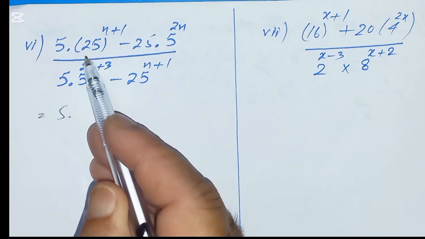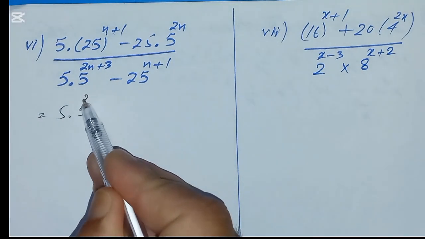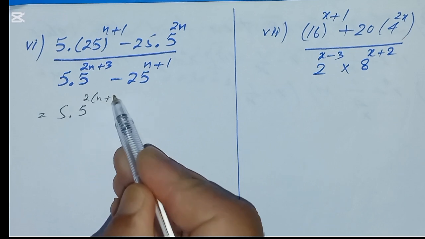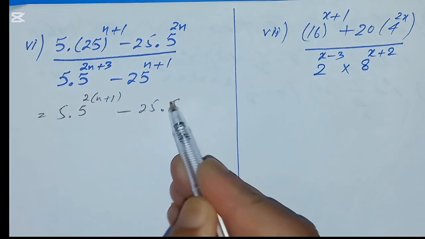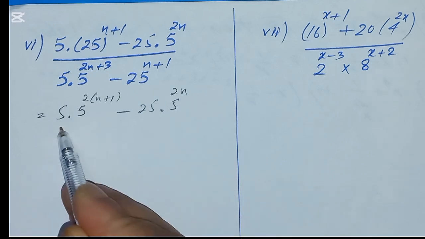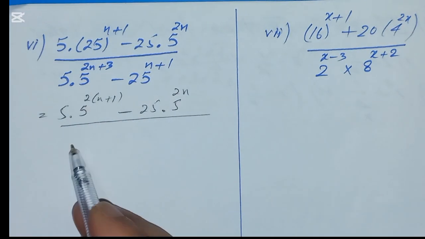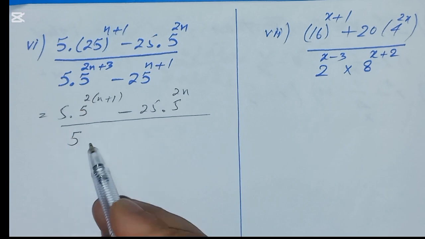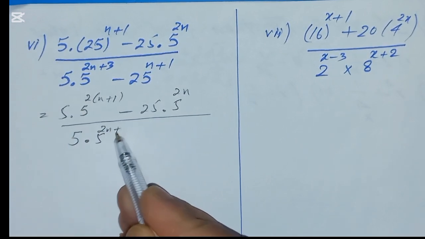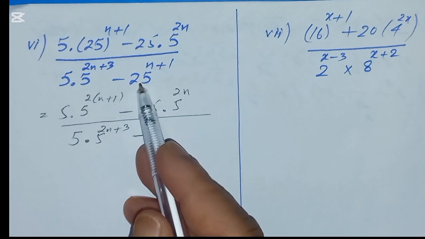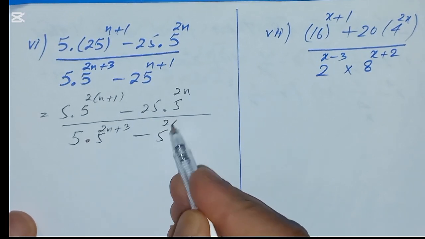We know 25 is a square of 5, so it can be written as 5 power 2 bracket n plus 1 minus 25, and here is 5 power 2n divided by 5 dot multiply 5 power 2n plus 3 minus 25 can be written as 5 power 2 bracket n plus 1.